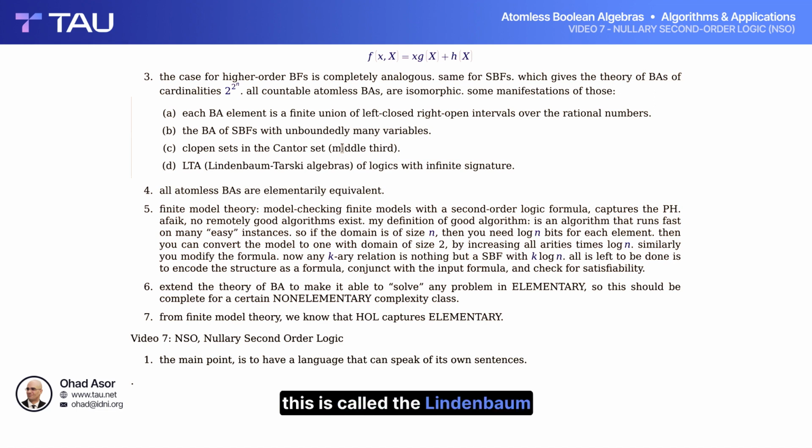This is called the Lindenbaum-Tarski algebra, the LTA, but in LTA, we treat logically equivalent sentences as the same sentence, as the same Boolean algebra element. So if you say X and Y, we treat it exactly the same as Y and X. Now, if you have infinite signature, it doesn't matter if the signature is infinite with constant symbols or function symbols or relation symbols. It doesn't matter.